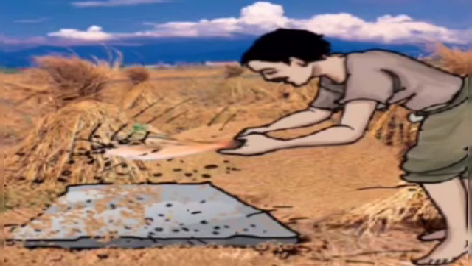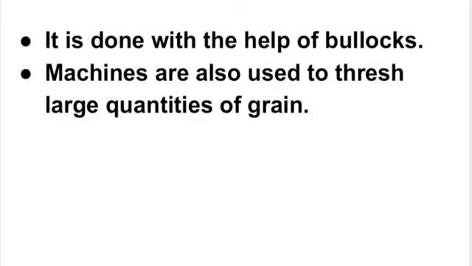So this is your threshing process. It is done with the help of bullocks, and machines are also used to thresh large quantities of grain. Means nowadays machines are used to thresh large quantities of grain.